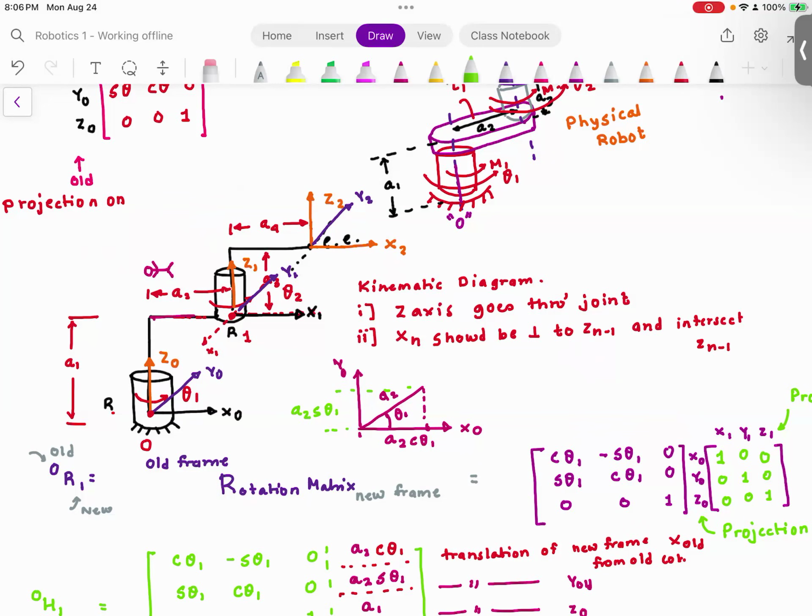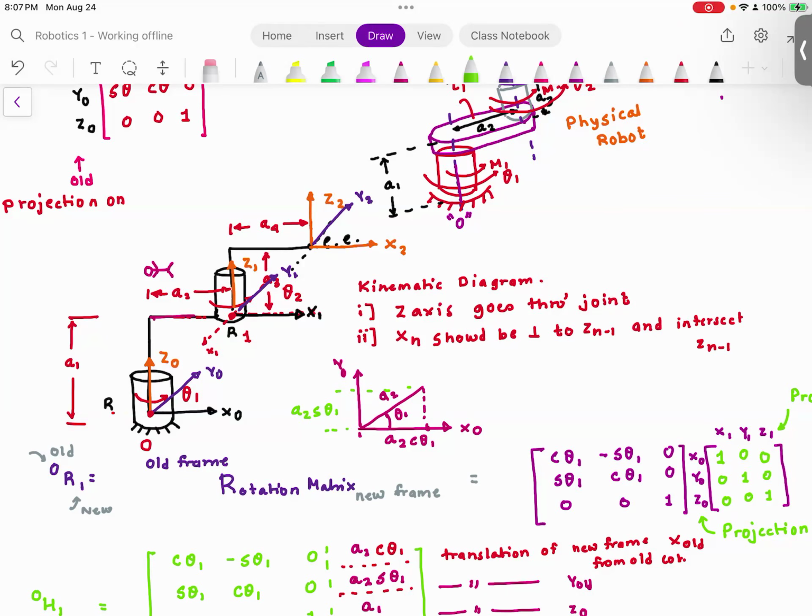Everyone understood this? If I would have assumed my axis in any other direction, you will not get the wrong answer. But you need to make sure that your signs in the projection matrix are appropriate. Once again, I repeat, and I'm explaining this because when I start writing the rotation matrix, that figure may not be visible. So I want you to understand, I had to repeat the exact same process. But now, instead of 0R1, it would be 1R2.